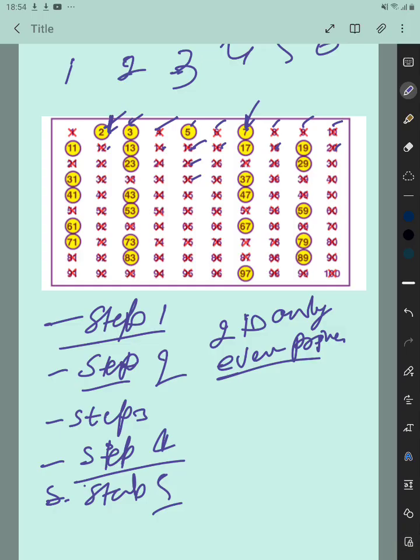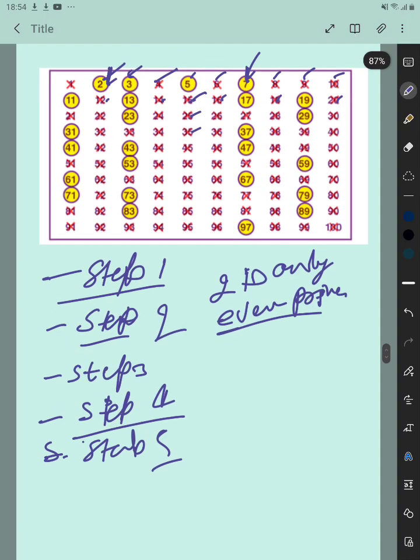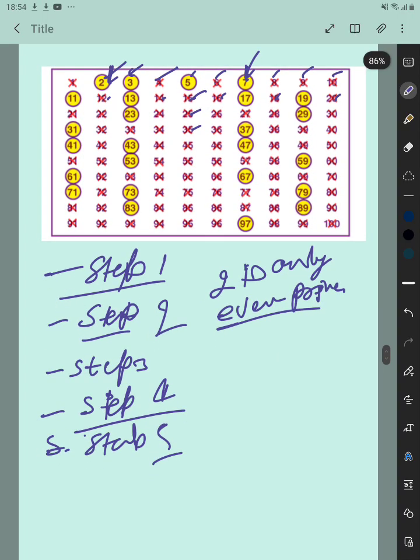Then we divide the remaining numbers that are not crossed out, and we find which are the prime numbers. We'll keep doing this till all numbers are either circled or crossed out. In this way we'll find all the prime numbers.